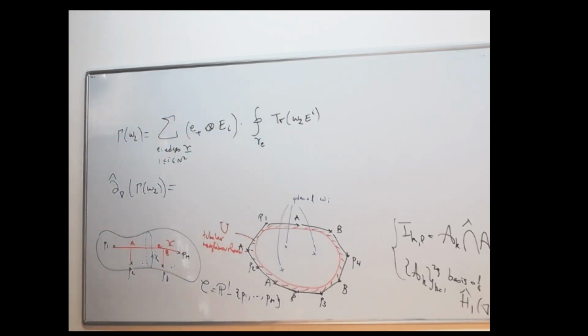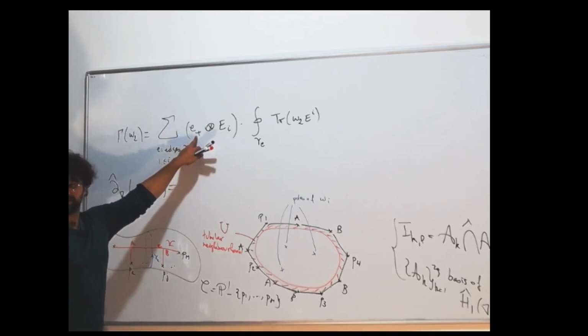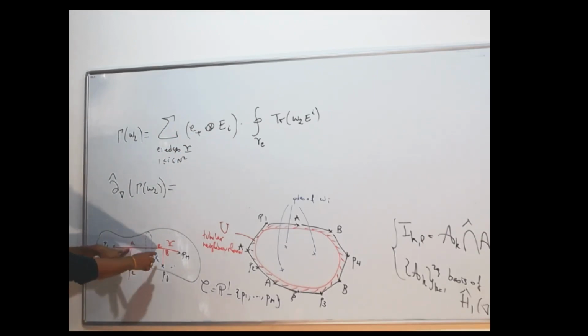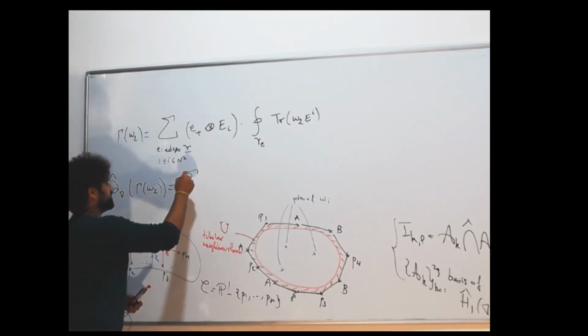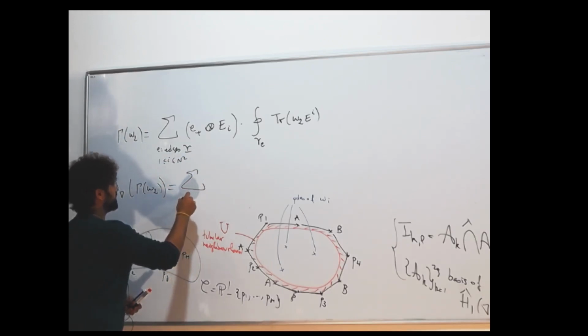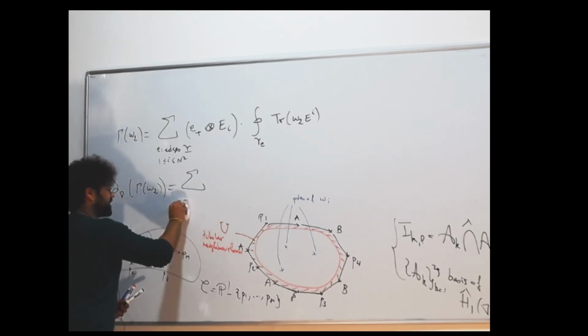And since we're summing over all the edges, the initial and end points will either be vertices or some of the PIs. Since the homology was defined relative to the PIs, you drop the PIs, and so what you're left with is a sum over now the vertices.